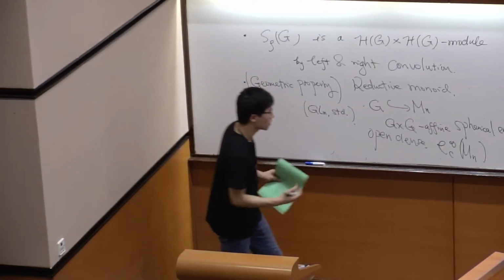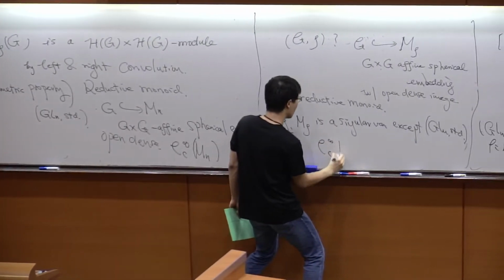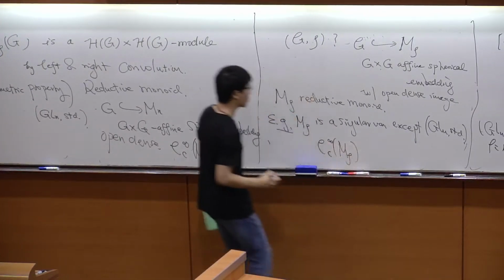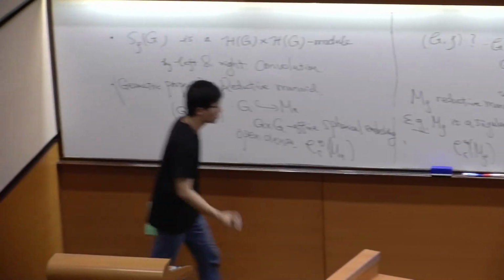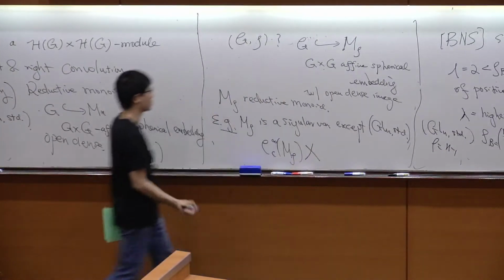So it turns out that if you want to run the Braverman-Kazhdan-Ngo procedure for locally constant compactly supported functions on M rho, then it does not give you the desired property. Yeah, it's not true.